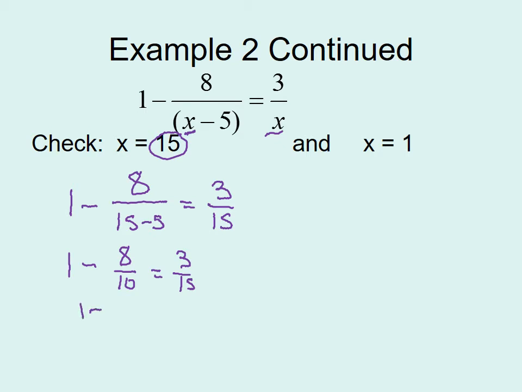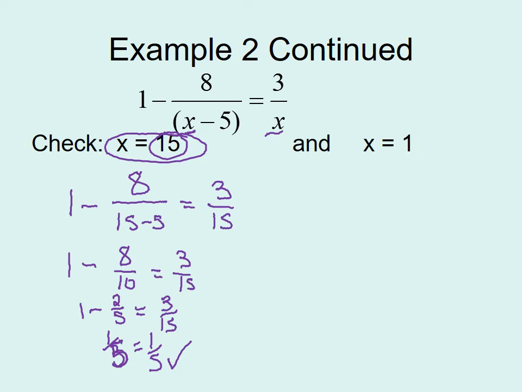If I want to simplify this, it would be 1 minus 2 over 5, which is 3 over 15. 1 minus 2/5 is, ladies and gentlemen, 1/3, excuse me, 1/5. Simplify 3 over 15 and I get 1/5. So that is correct. That is going to be one of my solutions.